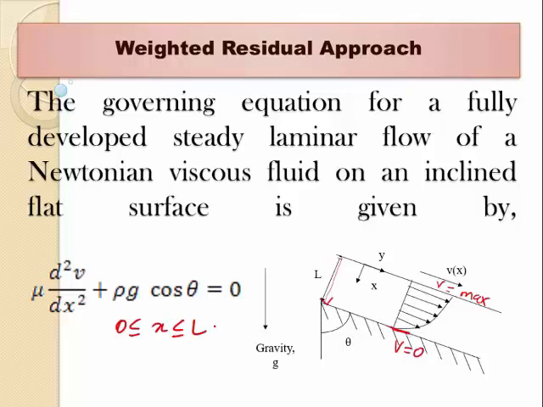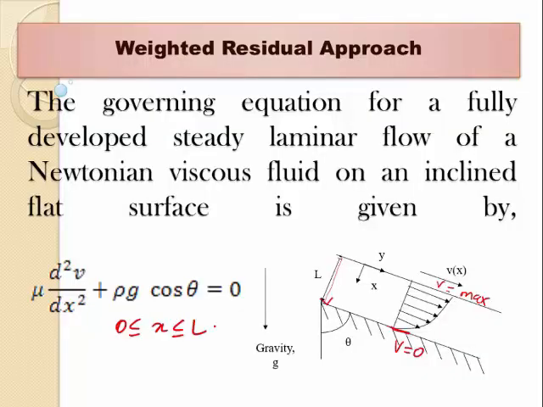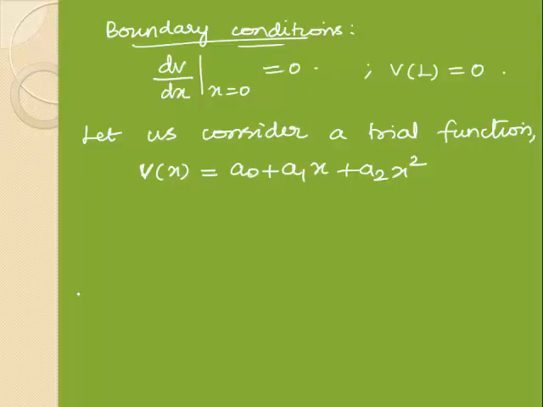Here, since the order of the governing differential equation is 2, we can consider the trial function for the velocity with 3 terms, a0 plus a1x plus a2x square. The order of the trial function should be chosen according to the order of the governing differential equation.